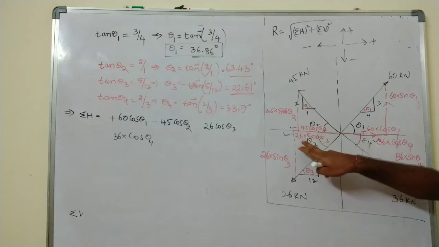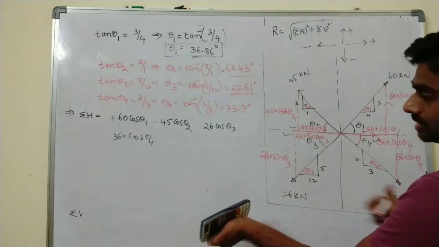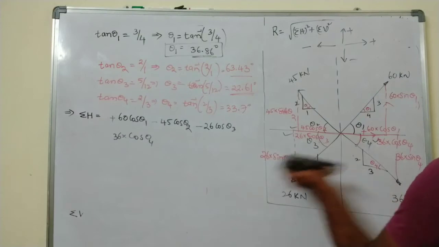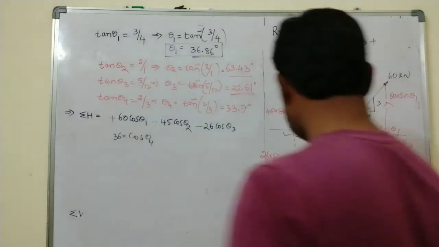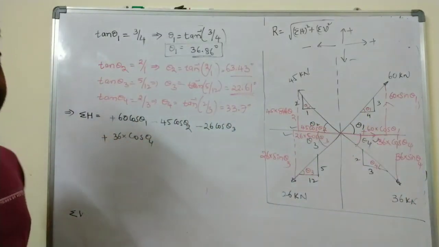Next, 26 cos theta 3. This force is acting downward and left side direction, that's why I am taking minus. According to the horizontal force, this force is acting left side. Next, the fourth one, 36 cos theta 4. This force is acting downward and right side direction, that's why I am taking plus.